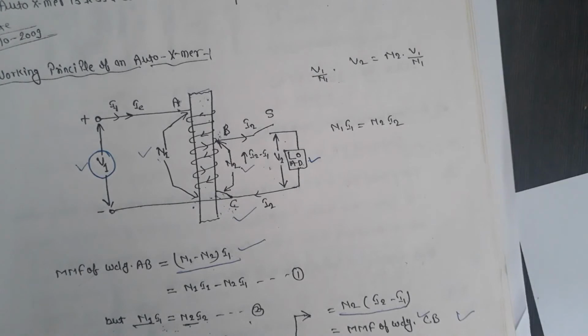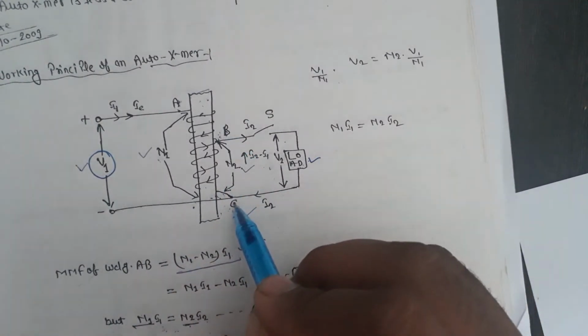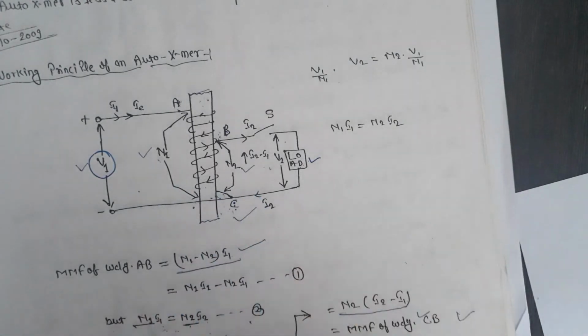Earlier I defined the auto transformer, that means the auto transformer has some common winding for primary and secondary. B and C part of the winding is common for primary and secondary.